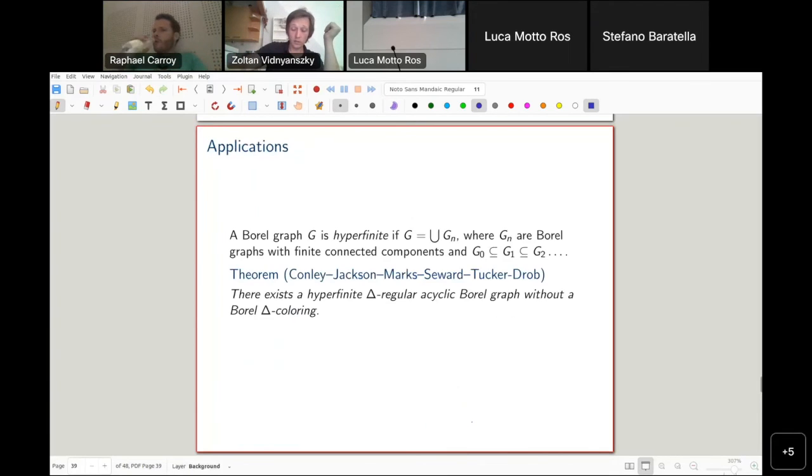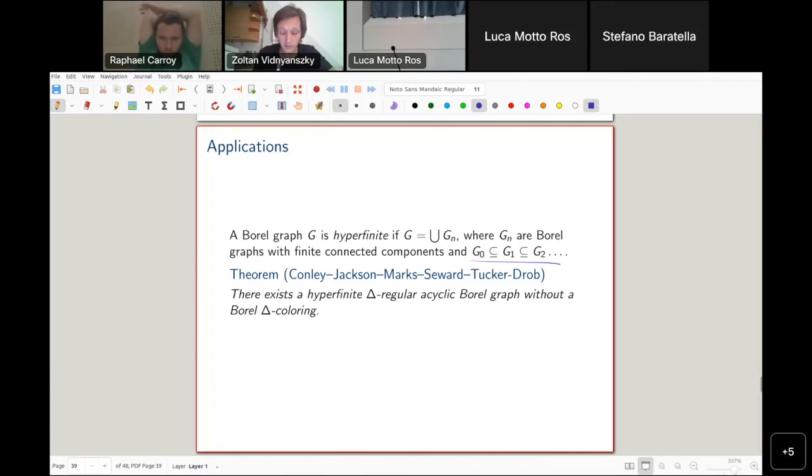Some applications. There is this central notion in Borel combinatorics and dynamics in general, called hyperfiniteness. We say that a Borel graph is hyperfinite if it can be expressed as an increasing union of graphs with finite connected components.